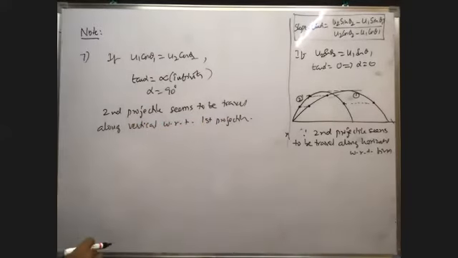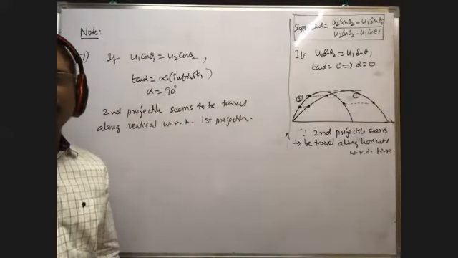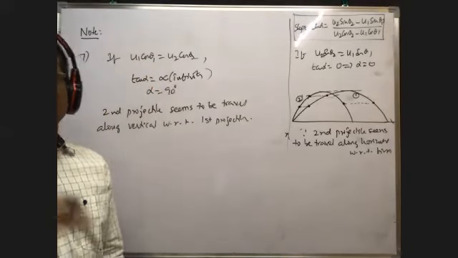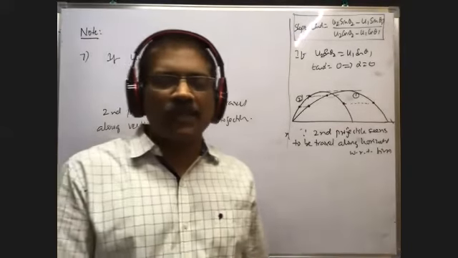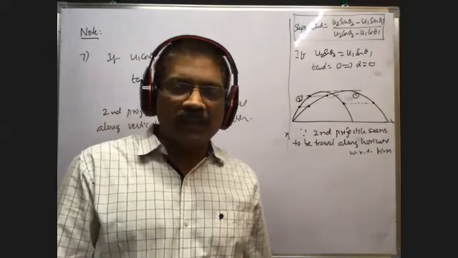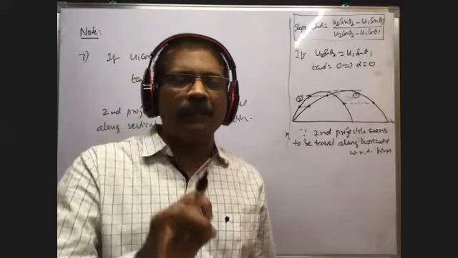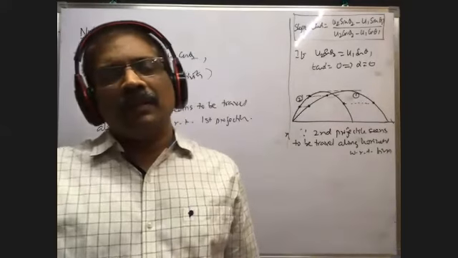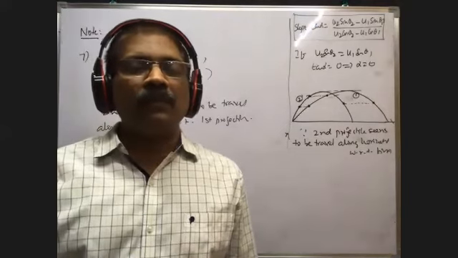How can we represent them? In this case, as the horizontal components of velocities are the same, both particles have the same range, because range depends on the horizontal component of velocity only. As both are projected from the same point at the same time, definitely they take the same time to reach the ground.